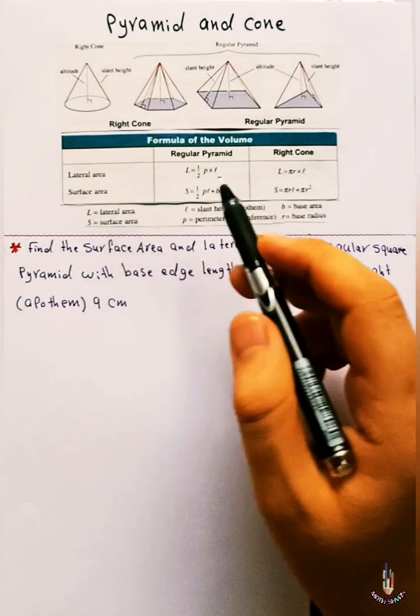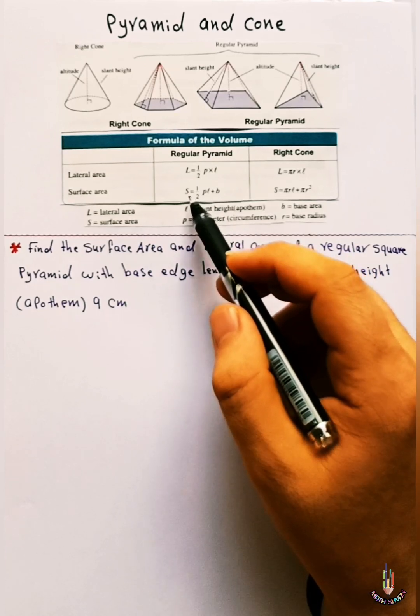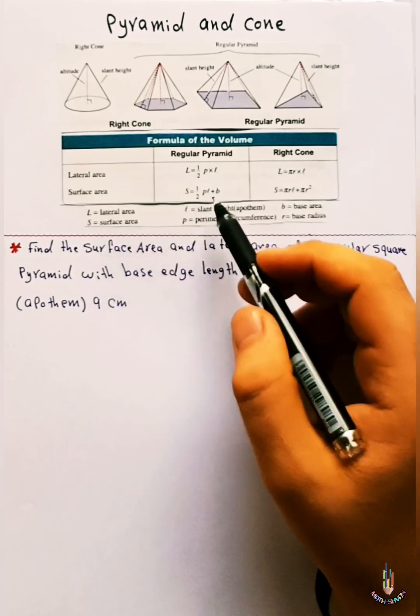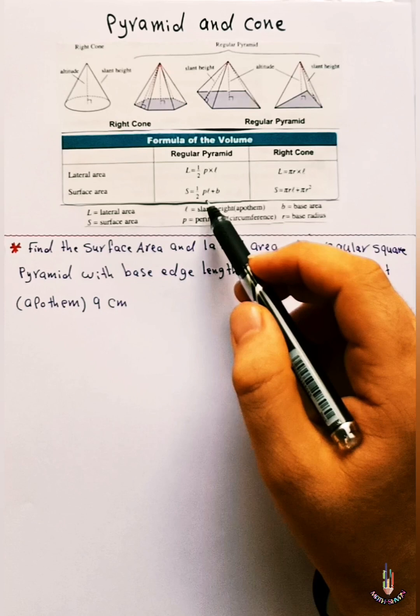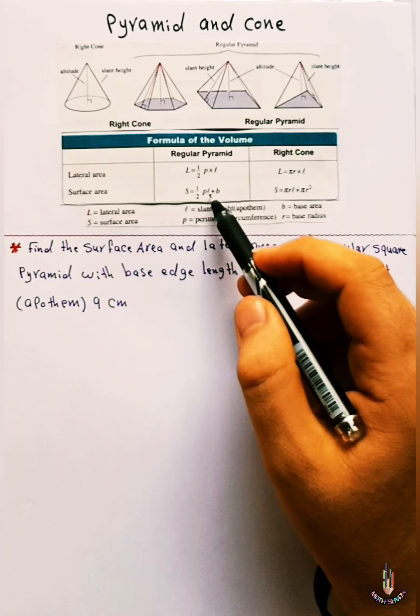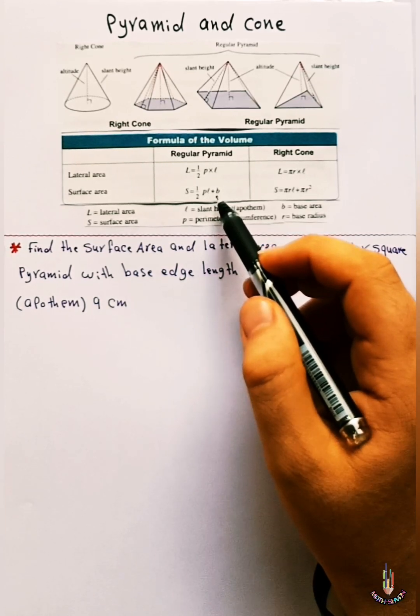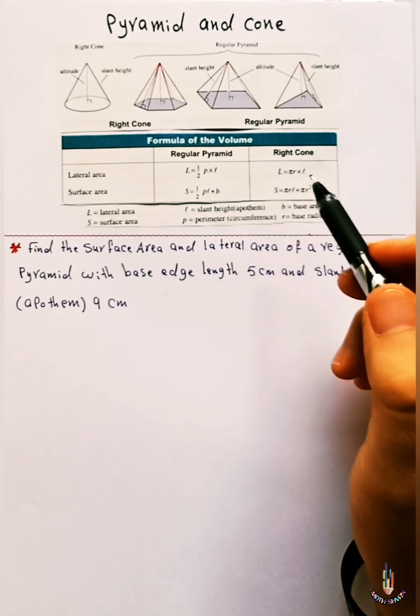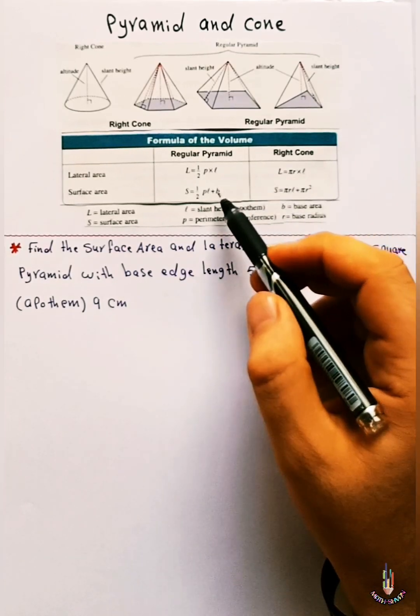And then surface area, you have to follow this rule. S is short form for surface area, 1/2 multiply by P. P is perimeter, multiply by slant height plus B. B is the area of the base.